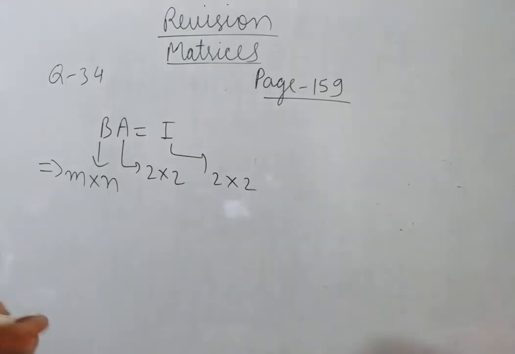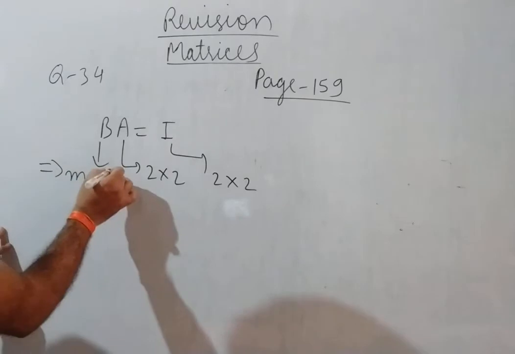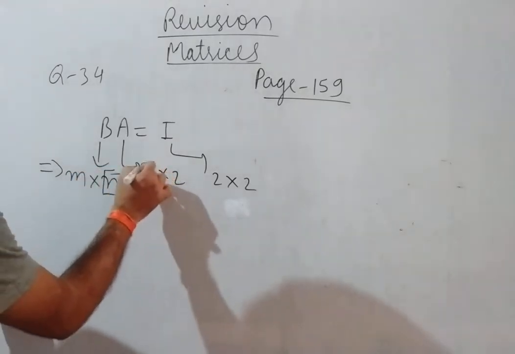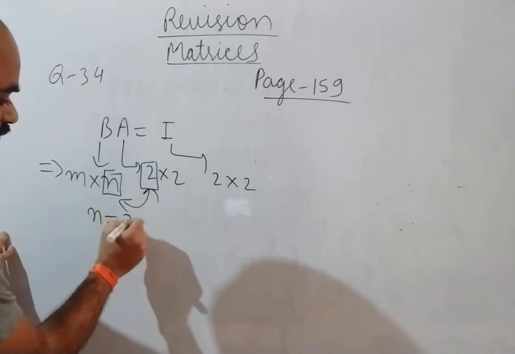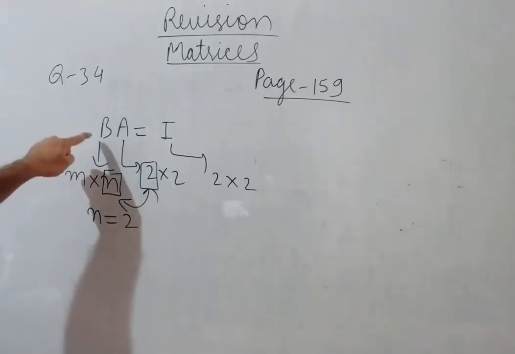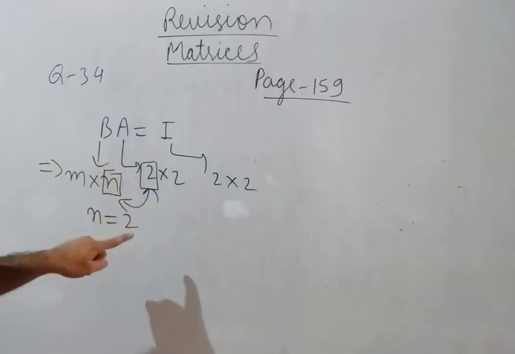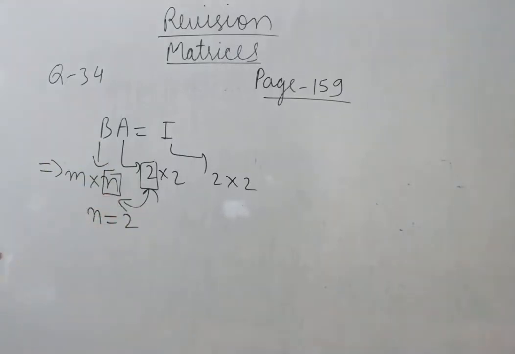Compatibility condition: the number of columns in the first matrix must be equal to the number of rows in the second matrix. It means N is equal to 2. So this is done.